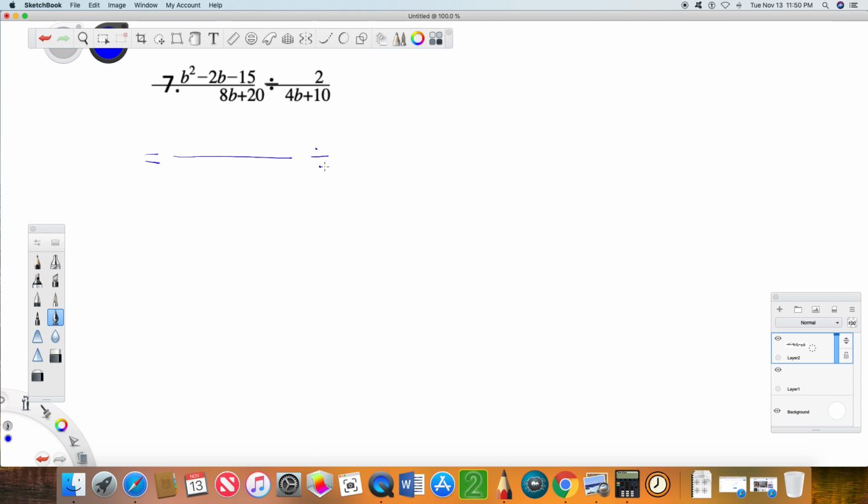look at these denominators and write them in factored form. So let's come off to the side and look at 8b plus 20. If I rewrite 8b as 4 times 2b, and if I rewrite 20 as 4 times 5, it should be obvious that 4 is common to both terms, and we can factor out that common factor, and we have now a binomial: 2b in the first term and 5 in the second term.